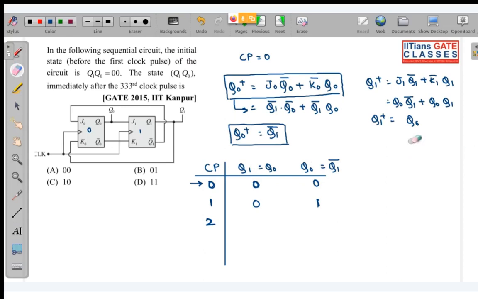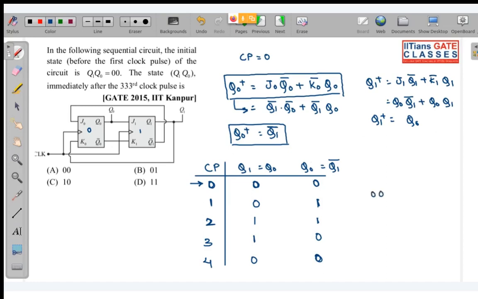Now it will be okay. Q1 is equal to Q0, so this will be 1, this will be 1. At the third clock pulse, this will be 1, this will be 0. At the fourth clock pulse, this is equal to Q0, this is 0. So from where you started, you are again ending at the same point. Once you get the repeated state, you need to stop there.